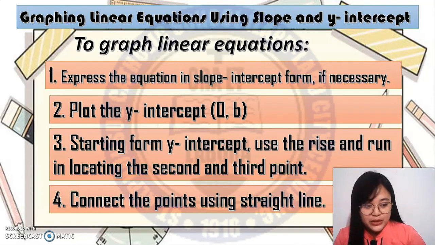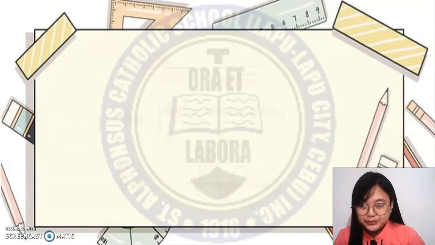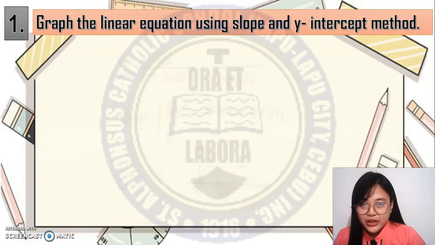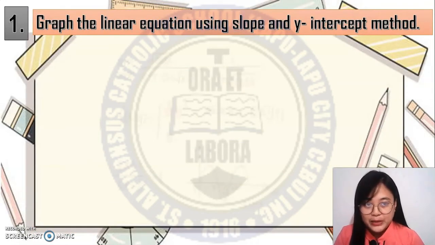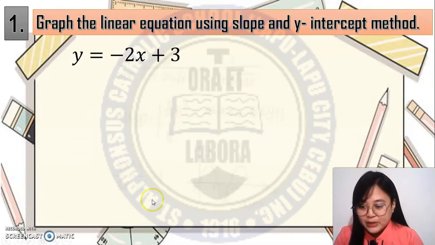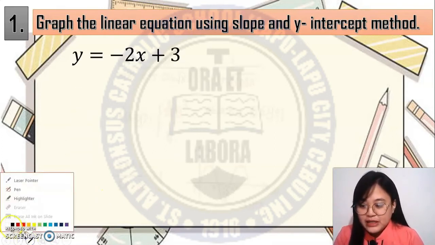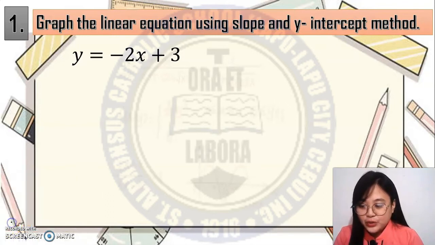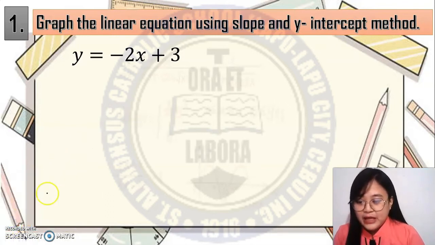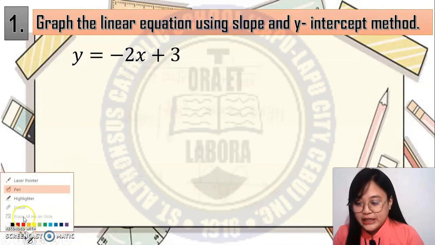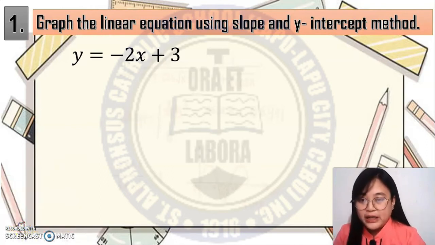Okay, now let's proceed to example number 1. Graph the linear equation using the slope and y-intercept method: y = -2x + 3. As you can see, class, the first thing you're going to do is examine if the given equation is in the form y = mx + b.